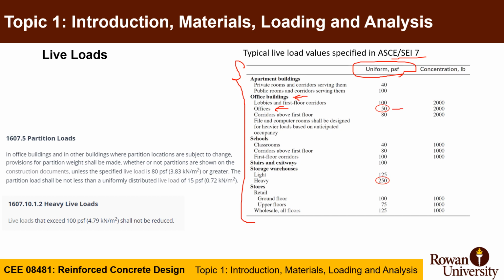For an apartment building, the private rooms are around 40 and the public rooms around 100. Schools, based on the functionality of each area, classrooms, corridors, first floor corridors, and even storage warehouses, either light or heavy, and stores. So this gives you what we call L naught, which is the unreduced load, the original load before we reduce it.